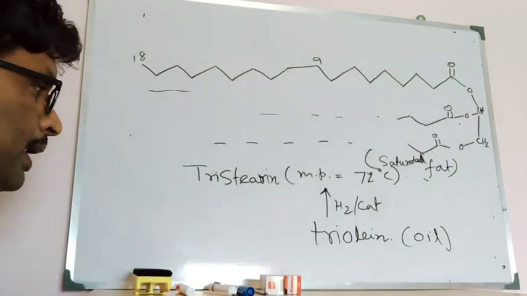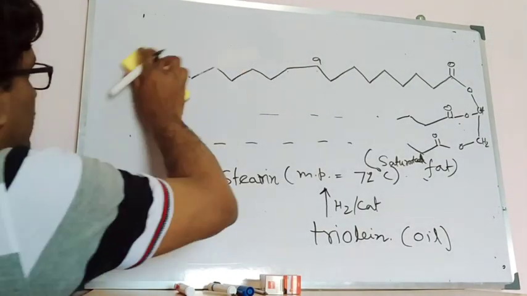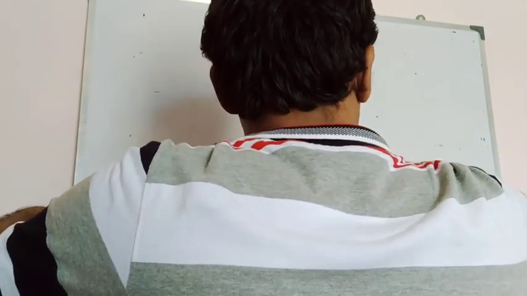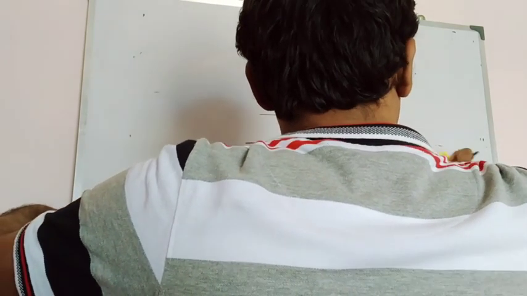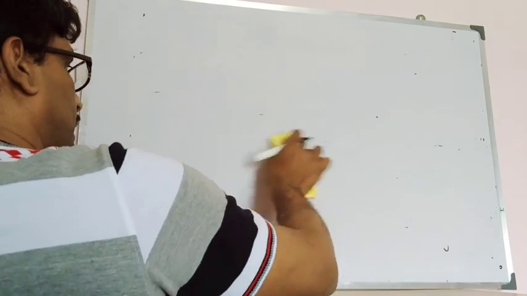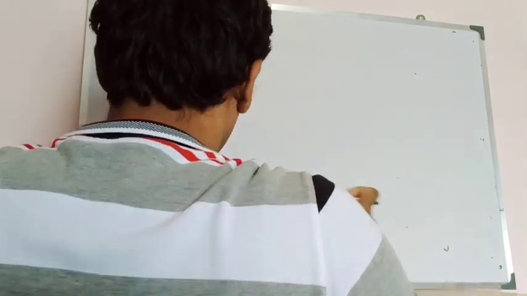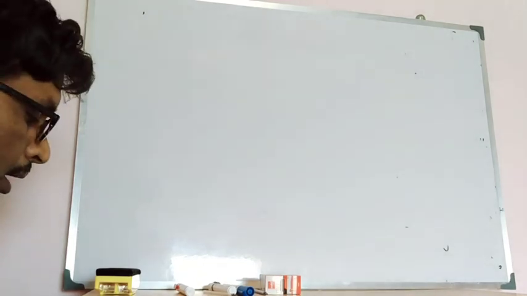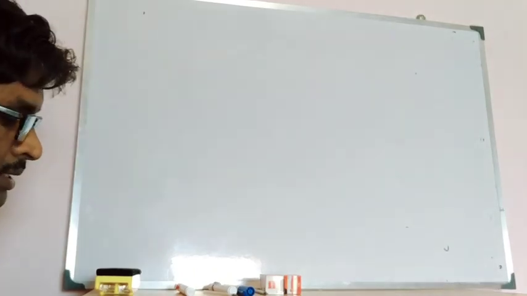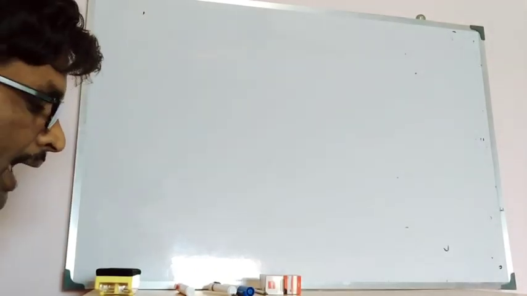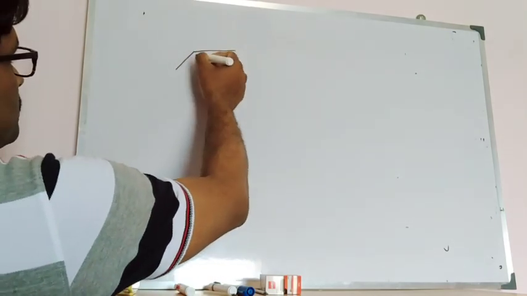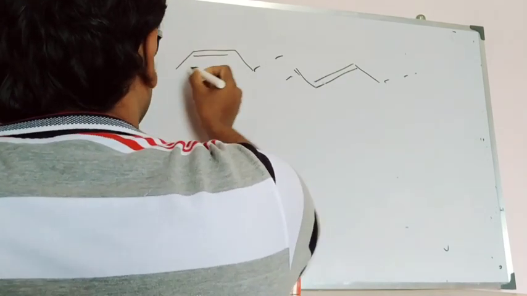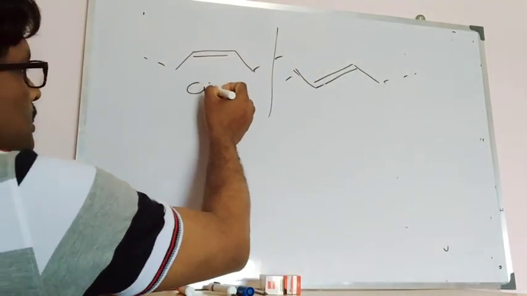Now if we carry out the partial hydrogenation of the oils, which contain unsaturated double bonds, we get a semi-solid, and it also gives the more stable trans double bond in the fatty acid chain. As you know, for cis and trans, this one will be cis and this will be trans there.